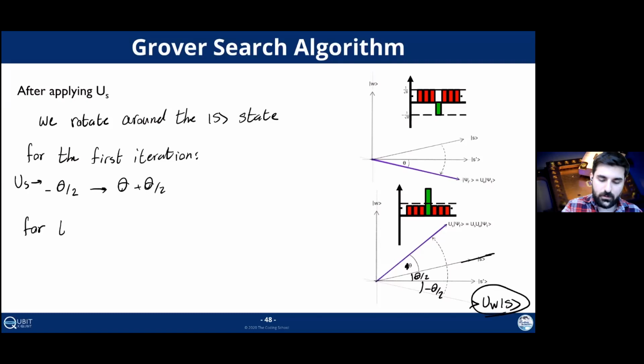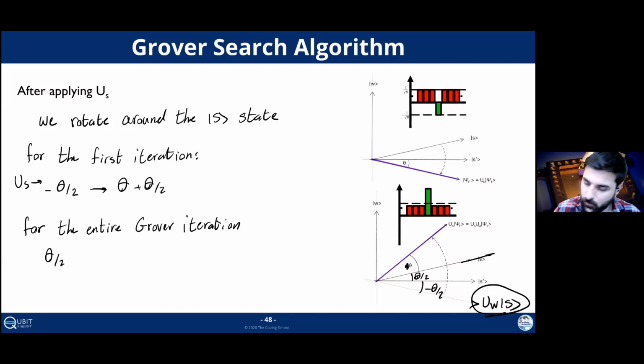Now for the entire Grover cycle, or iteration, we started again from theta over 2, at this S state, and we ended up at theta over 2 plus theta.